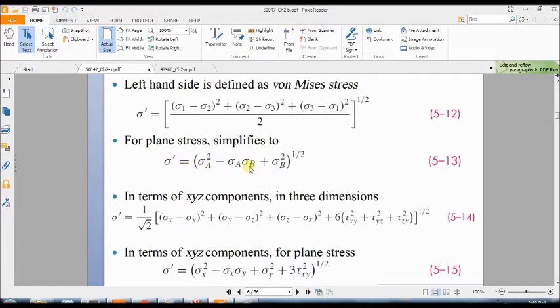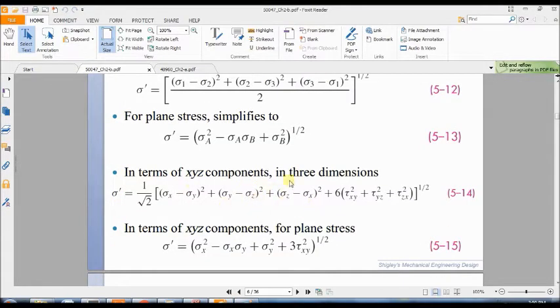You know that to find the principal stresses, you should use Mohr's circle theory, right? If you don't want to use Mohr's circle, you can directly use one of these two equations. You can substitute the state of stress in terms of x, y, z components directly into this equation to find the effective stress, without needing Mohr's circle to find sigma 1, 2, 3 first.